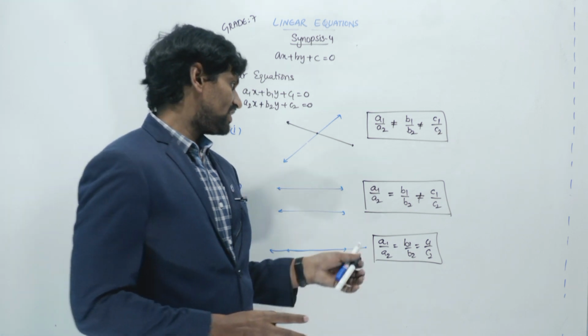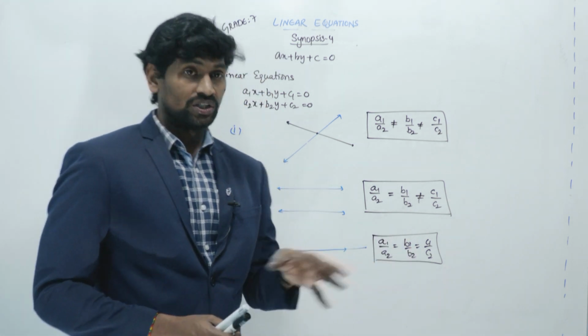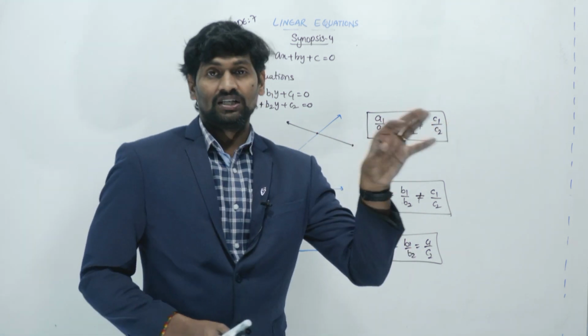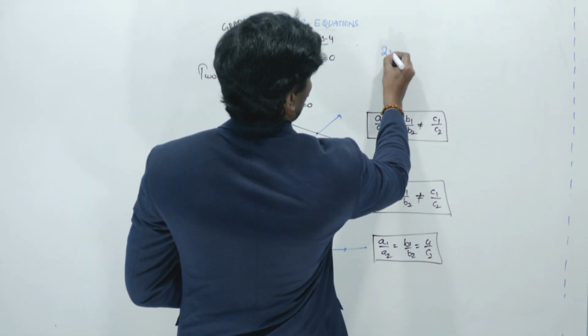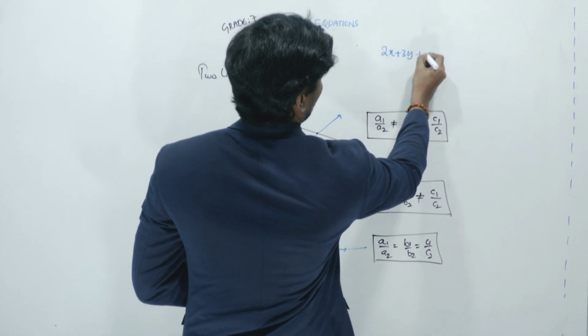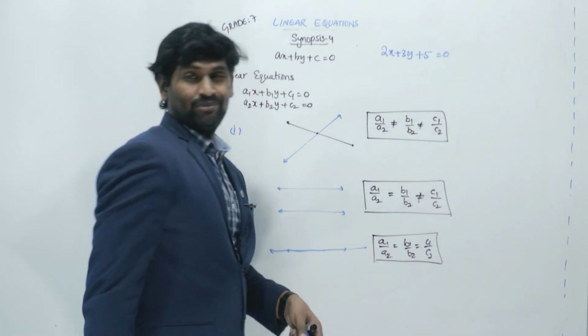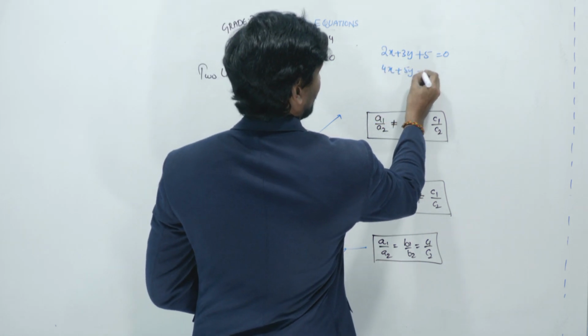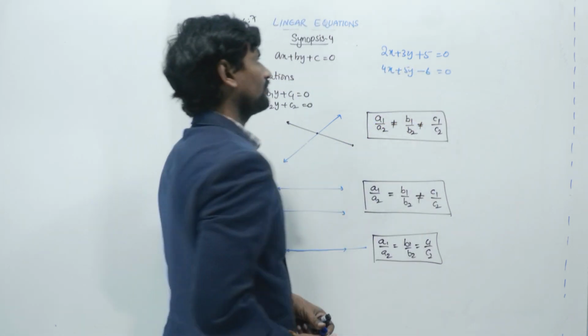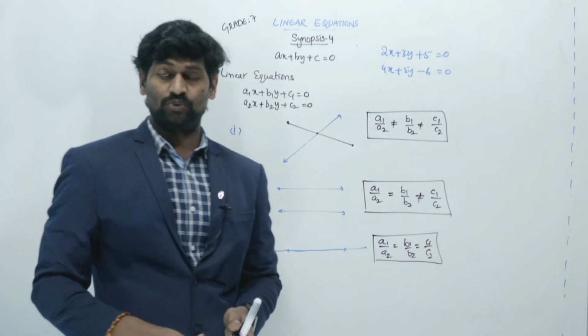Okay? So let us discuss this based on some examples. For example, I am taking two equations like 2x plus 3y plus 5 equals 0. Random equations I am taking. Here 4x plus 5y minus 6 equals 0. These two are linear equations.